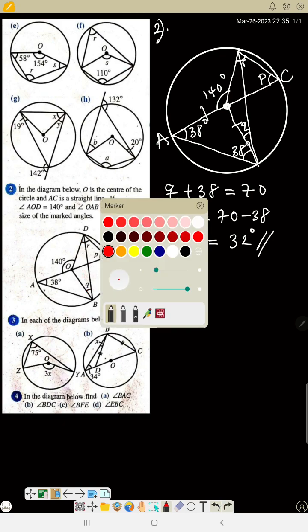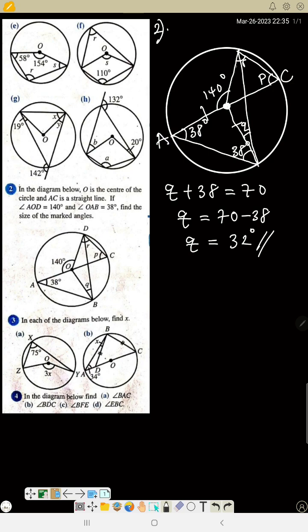So looking at that, this small space is also Q. That is 32, and we know our Q already as 32. Remember, if here is 32 and here is also 32, you can know the angle there, because we have the base angles of an isosceles triangle. So call the angle here s.